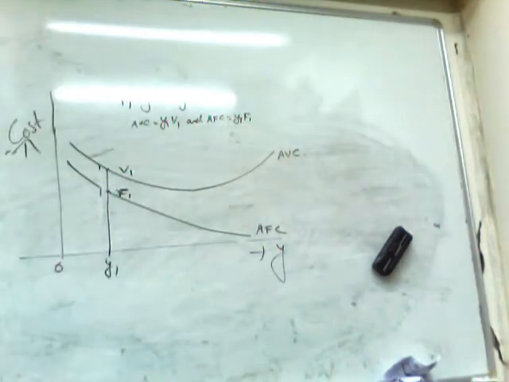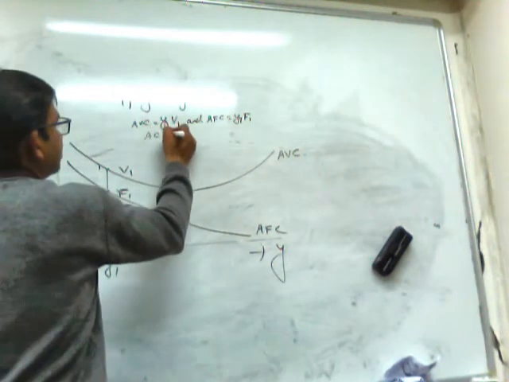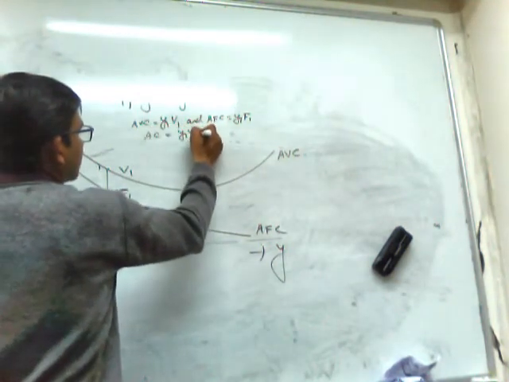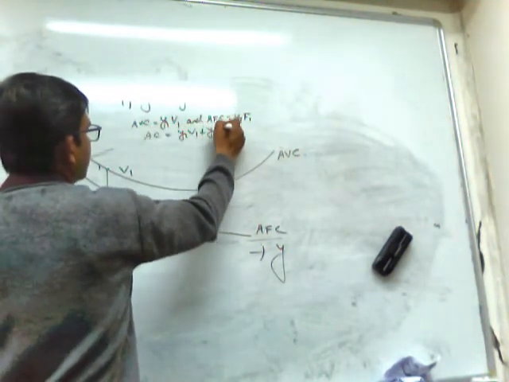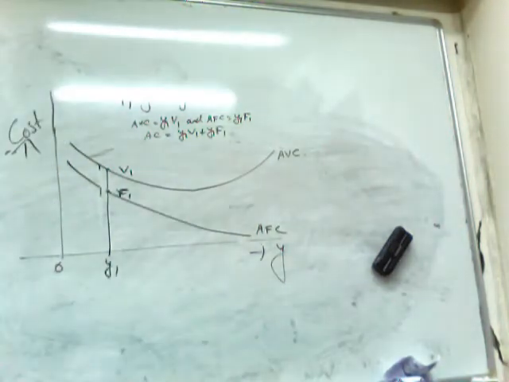So what will be the AC? AC will definitely be the sum of Y1V1 plus Y1F1. So what do we have to do here?